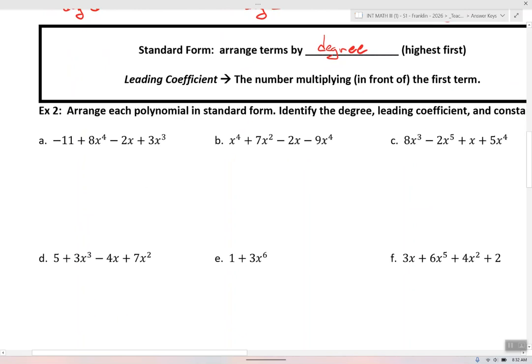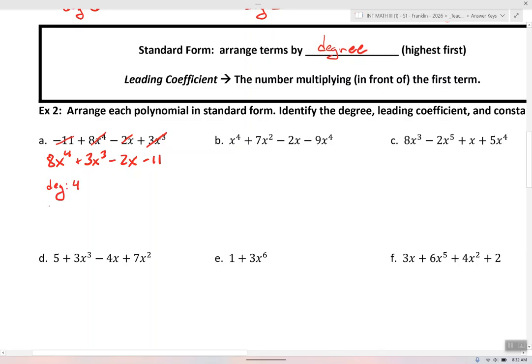So for example A, well, the highest term here by degree is 8x to the fourth, and then the 3x cubed, and then the 2x, and then the negative 11. So here's our standard form there. The degree of this polynomial is 4.